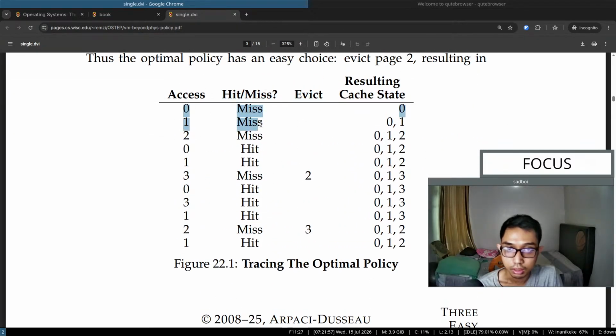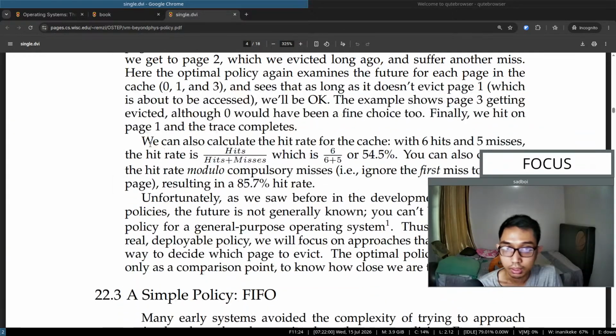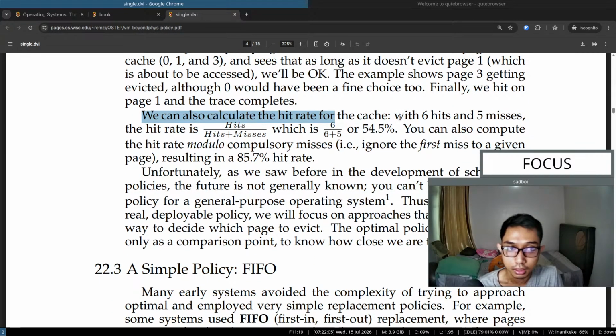We can also calculate the hit rate for the cache with 6 hits and 5 misses. The hit rate is hits divided by hits plus misses. Hits is 6 divided by 6 plus 5, or 54.5%.